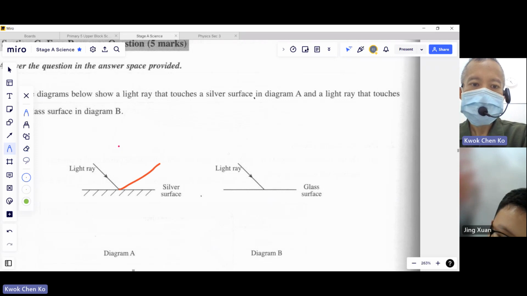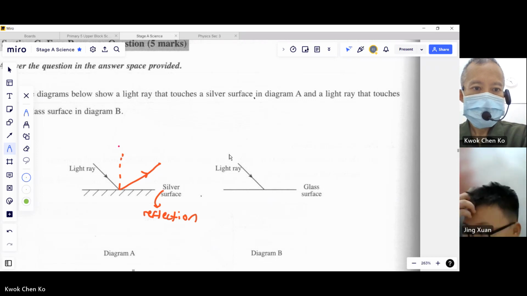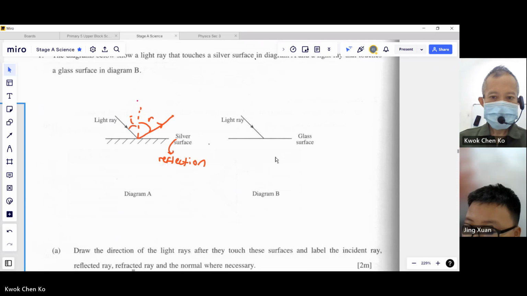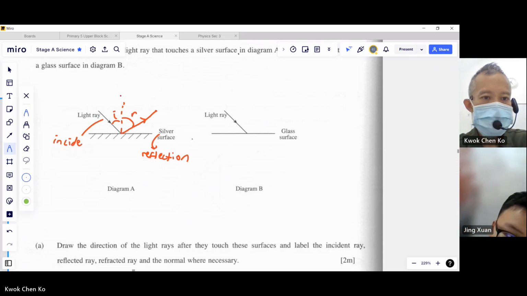Obviously a silvery surface is a reflection. And reflected.